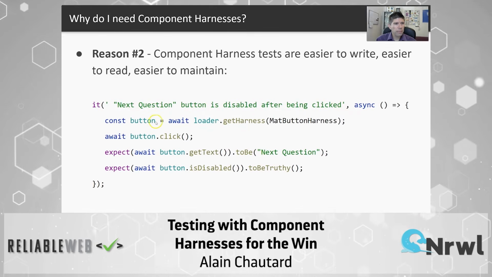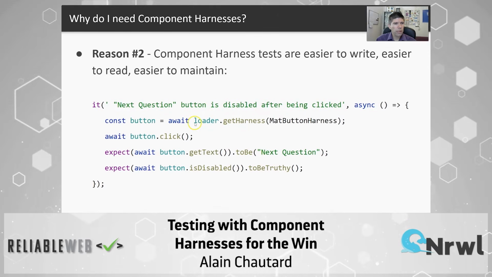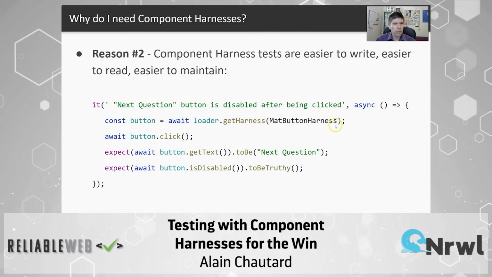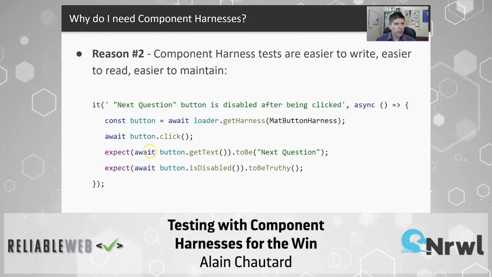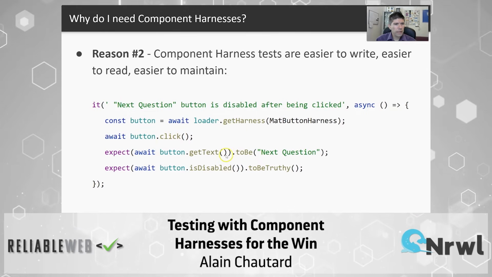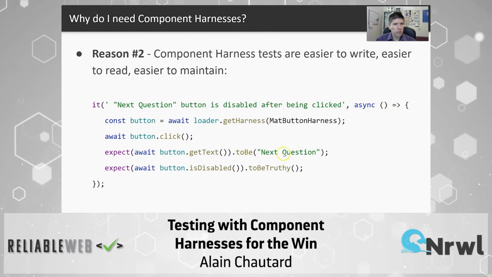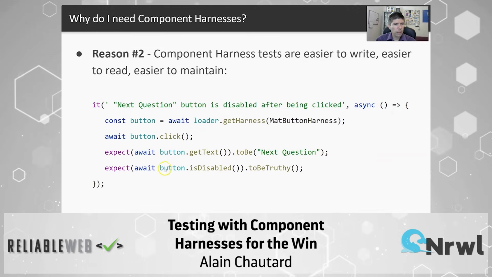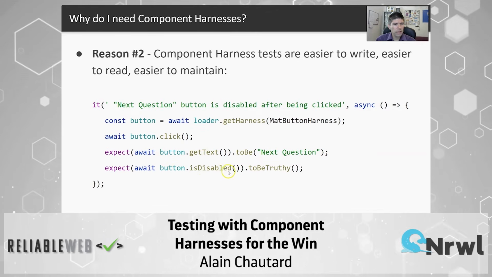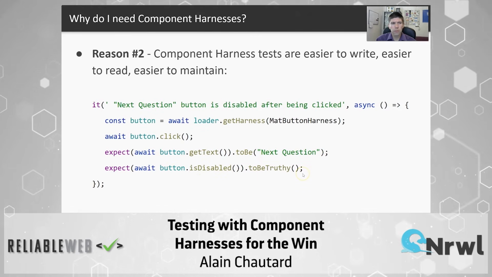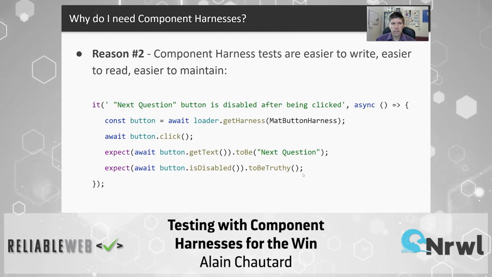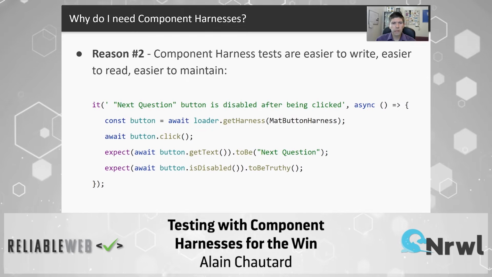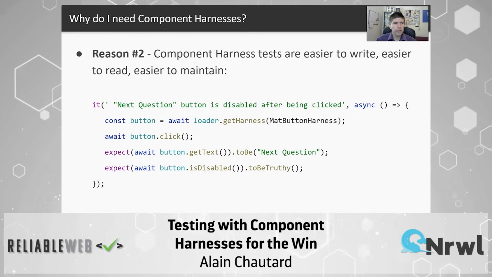I select my button component harness, loader.getHarness MatButtonHarness. I click on the button. I get the text, make sure that the text of that button is next question. And then I'm checking that the button is indeed disabled at this point. So 4 lines of code and a test that can be read easily. And that would be super easy to maintain.